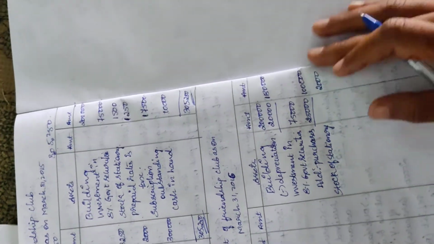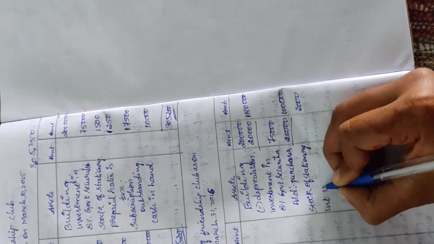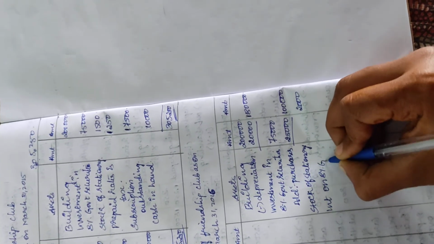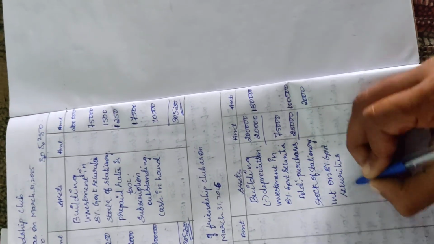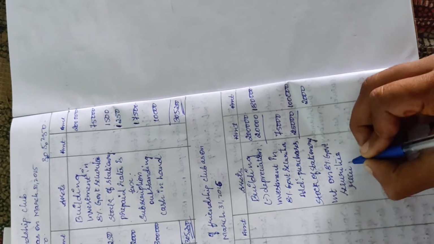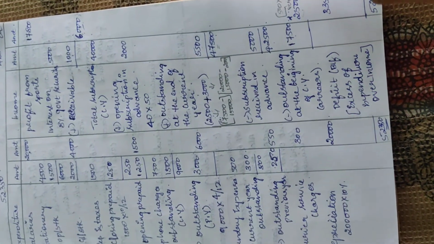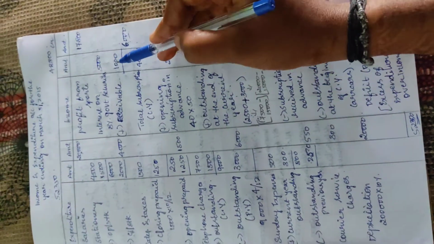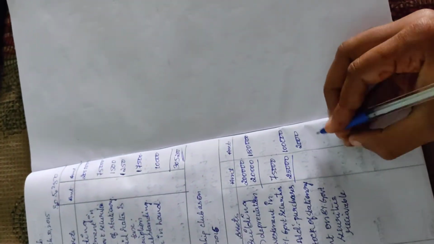And then we have interest on 8% government securities, that is receivable. In income and expenditure, see here we have calculated 1,000 rupees. This 1,000 now we have to transfer here. So that is the receivable, 1,000 rupees.